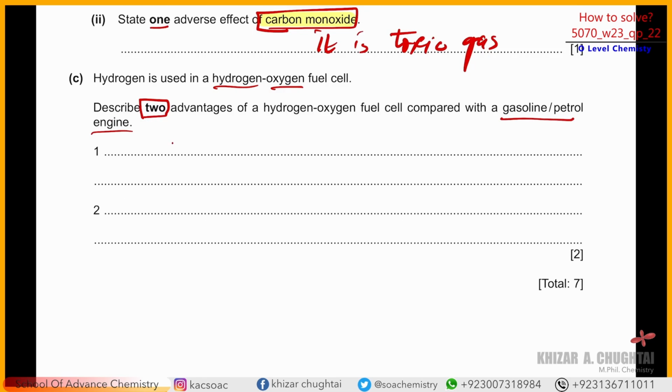It's more efficient with respect to the petrol engine. And the second one is it's not making any greenhouse or toxic or pollutant gases.